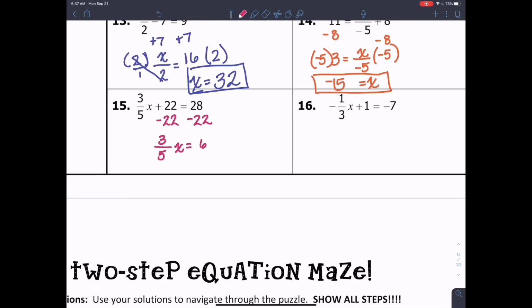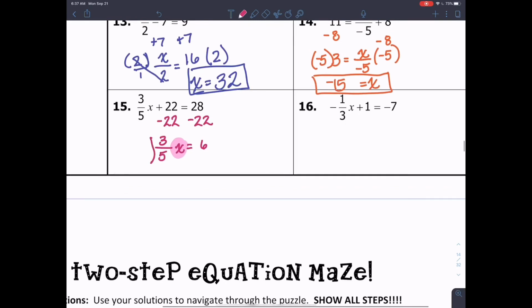Now, I need to isolate my x variable, meaning I need to get this by itself. Remember, when our coefficient is a fraction, I can multiply by its reciprocal. What this does is it allows us to cancel out on this side, creating just a 1. Remember, we don't write that 1. But if I do it on the left, I must do it on the right.